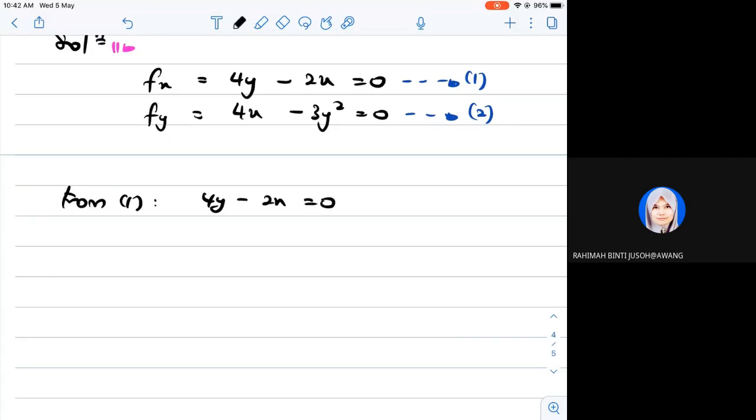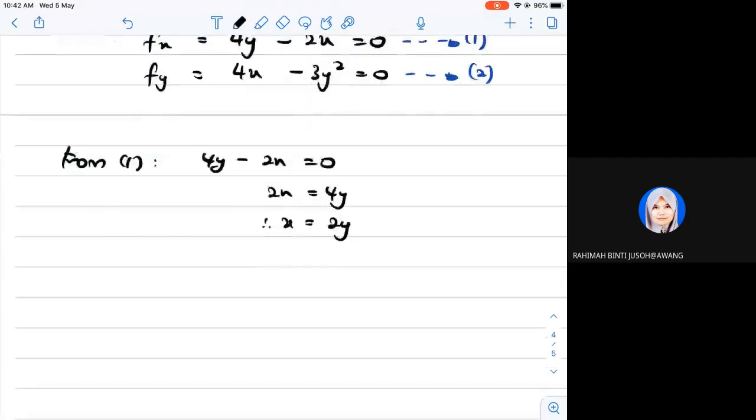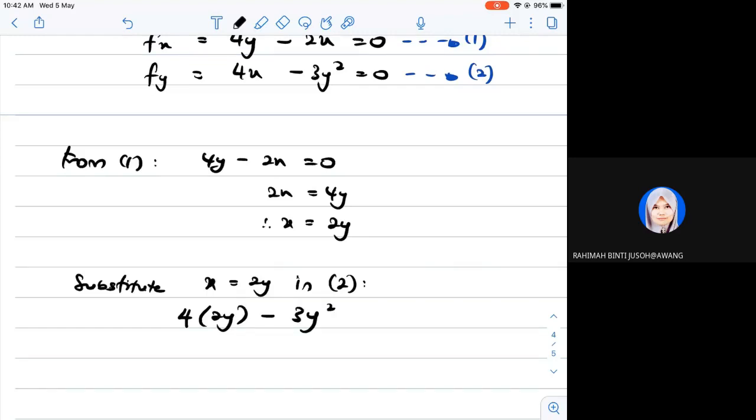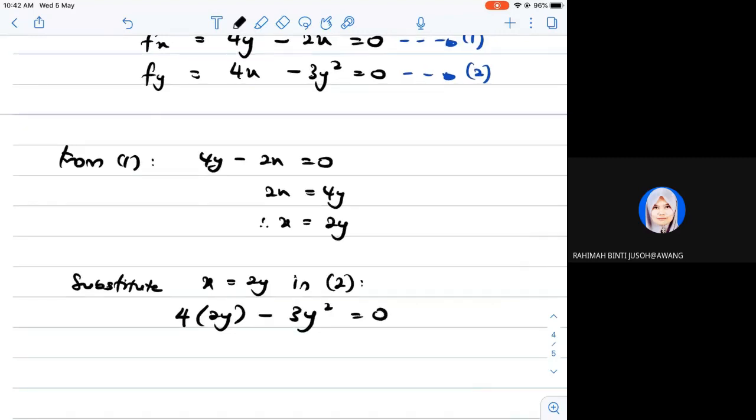Therefore, 2x equals to 4y kan? Therefore, x equals to 2y. Like that. Okay. Now, substitute x equals to 2y in equation 2. So, we have 4x, 4 times 2y minus 3y squared equals to 0.